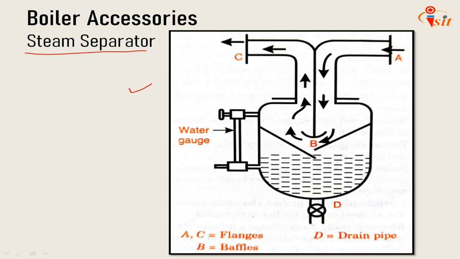So figure shows baffle plate steam separator. The steam enters the flange A from here and flows down. In its passage, it strikes the baffles B. So these are baffles.